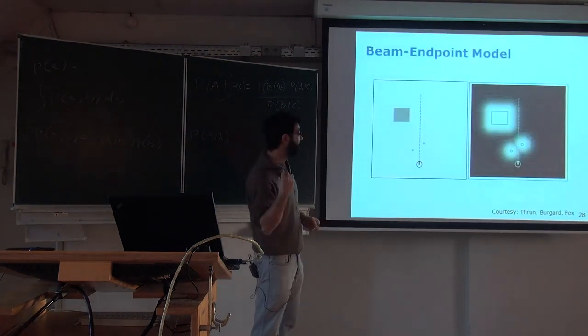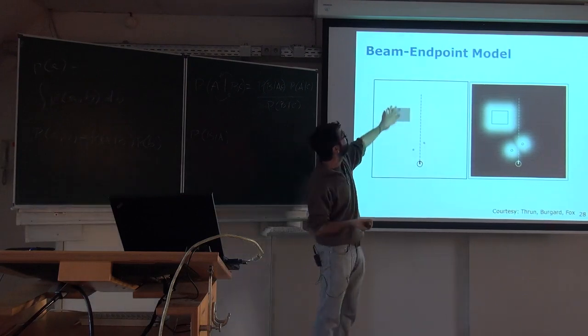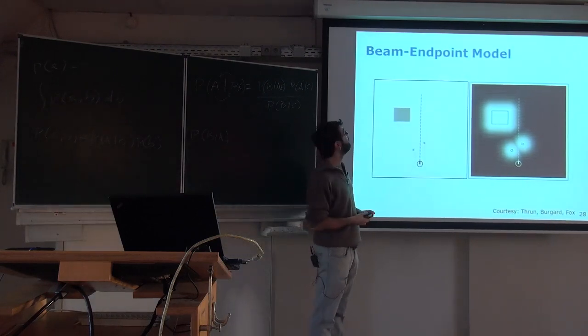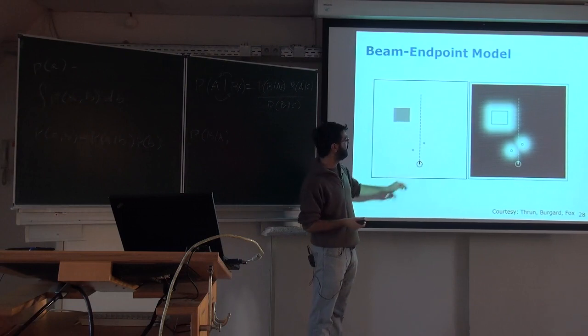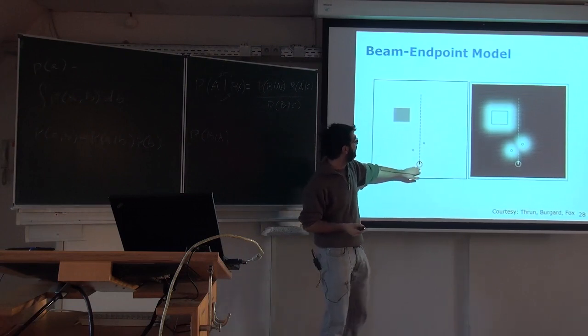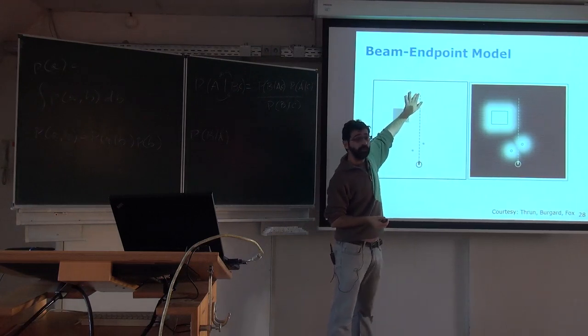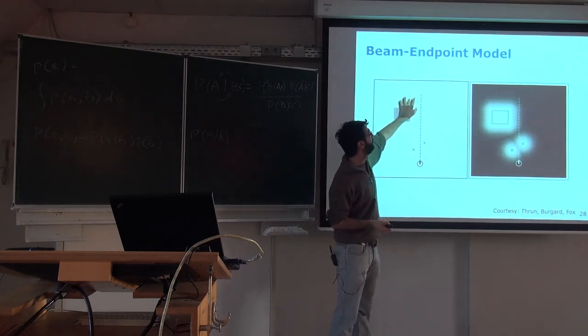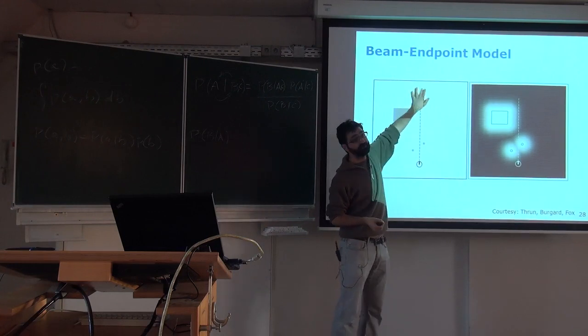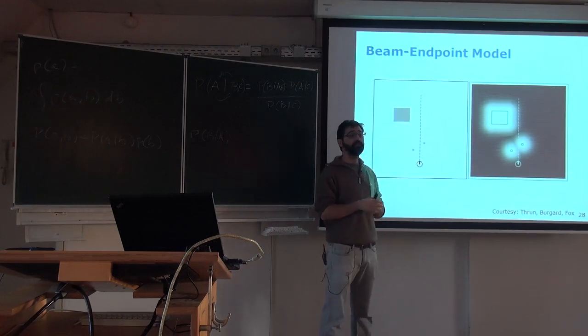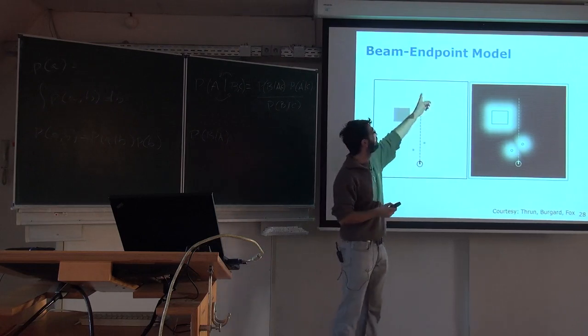We have two main models. One is called the beam endpoint model, and the idea here is that we have our beam, and we only consider where it ended up. We then get the neighboring obstacles around these endpoints, and our distribution is, let's say, a normal distribution of the noise with respect to the distance, okay?